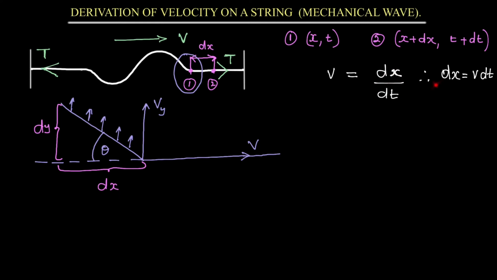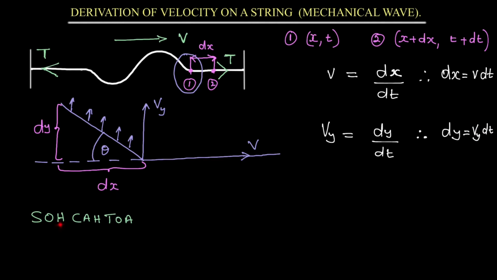Therefore dx will be equal to v dt, if we multiply both sides by dt. Now we can write the velocity in the y direction as dy over dt, and therefore dy equals vy dt.